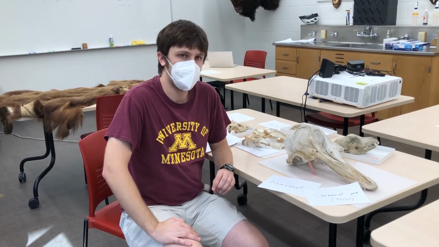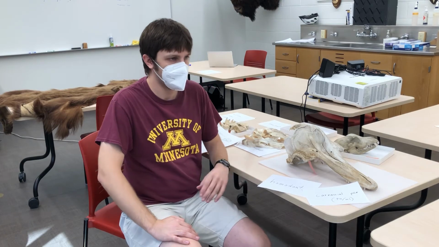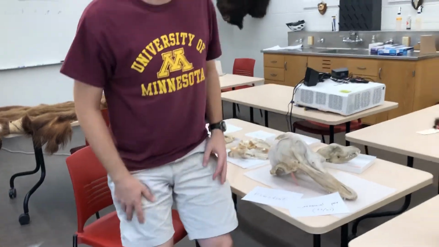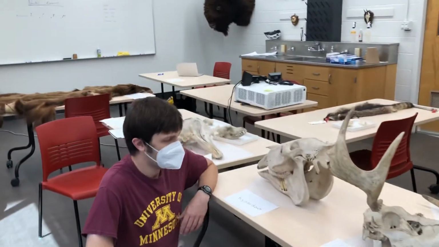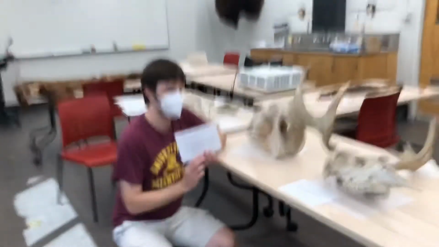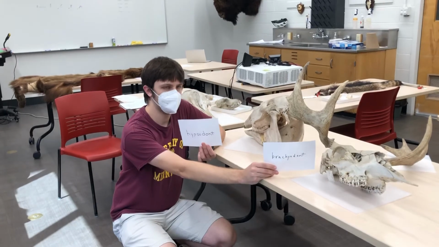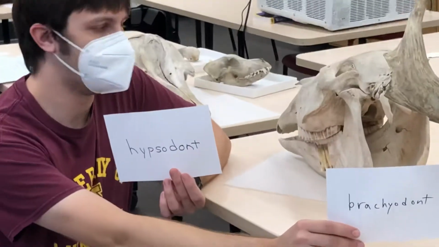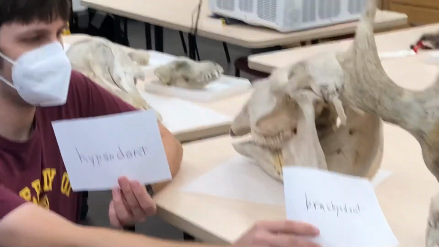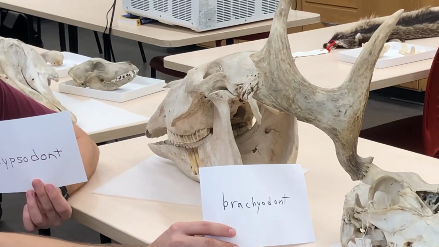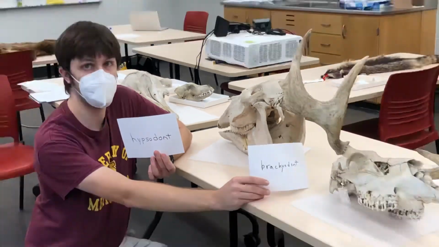And the last thing that I'm going to talk about for teeth terminology is about the rooting of the teeth. So here we have hypsodont versus brachyodont. These are really hard to see unless you can see inside the jaw, which we have some views here that you can.